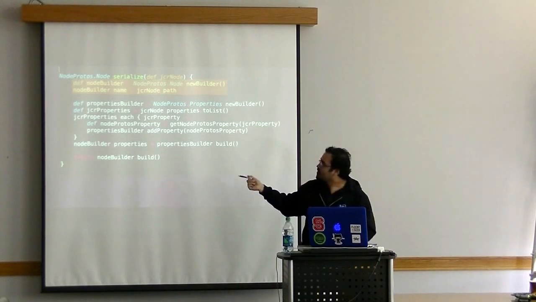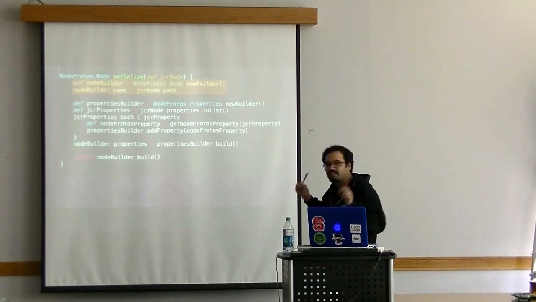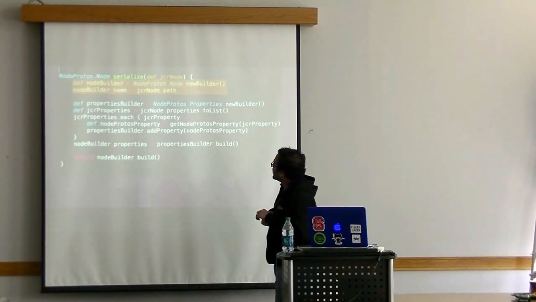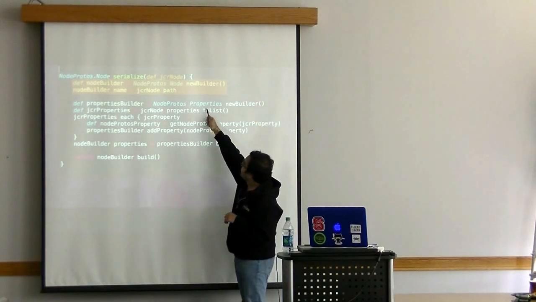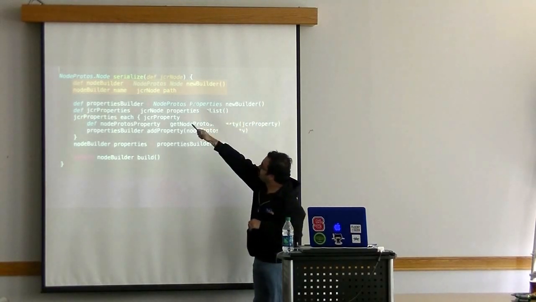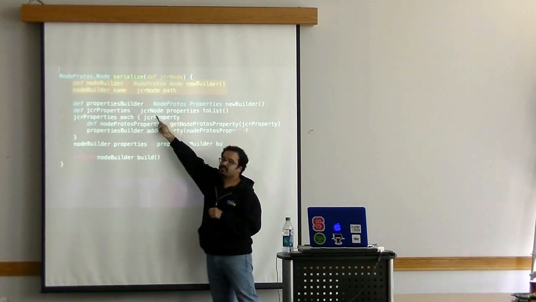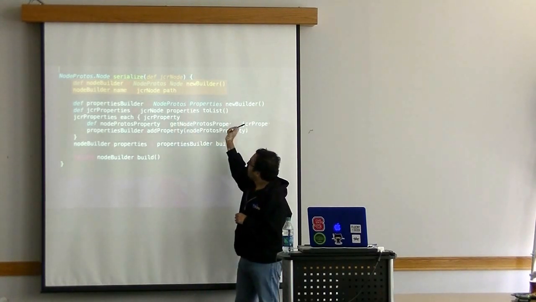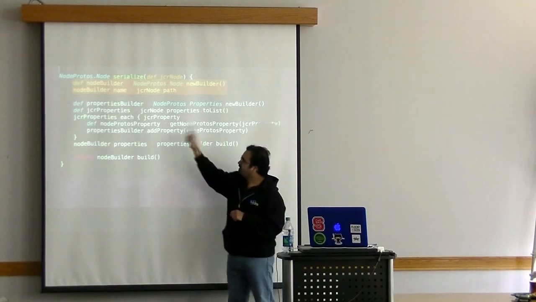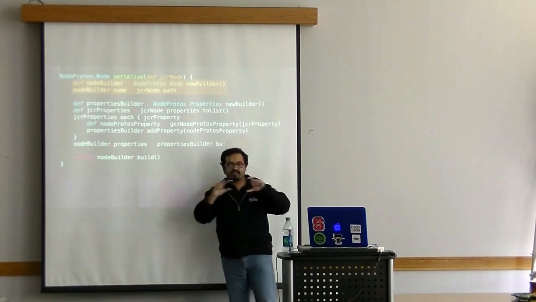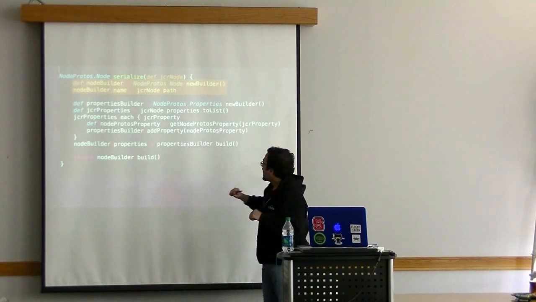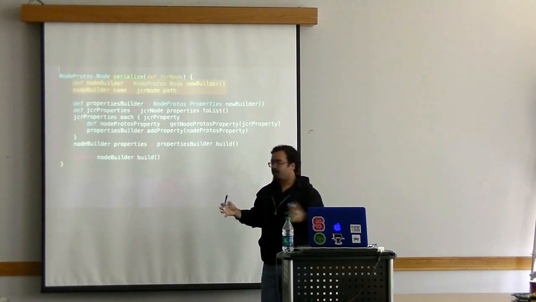Again, this is in Ruby, so you may see some Ruby-ness, functionalness in there, not too much. But similarly on the properties, you will get the properties builder, and then it will say, hey, take the properties in the JCR node that's coming in, iterate over those, convert each property to your node property type or message, and build your properties that way.